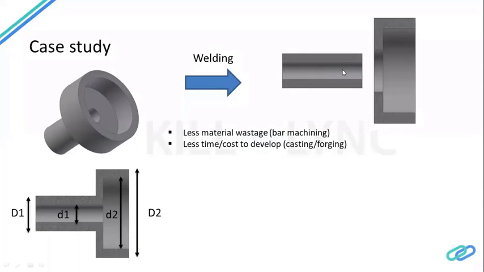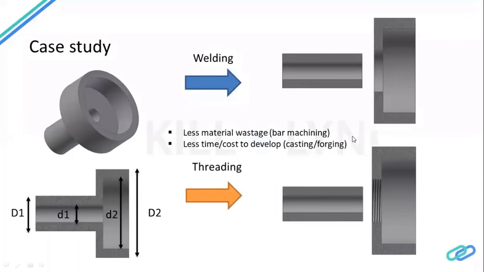Or even better, you can buy a ready-made tube from the market which has the same dimensions and same hole. You need not even manufacture it. And even for this part, now you can maybe do bar machining, because the material wastage happening here and here, which was there in the bar machining option, is completely eliminated. And in this option, you need not have a lot of cost investment or a long development time. So this could be an even better option.